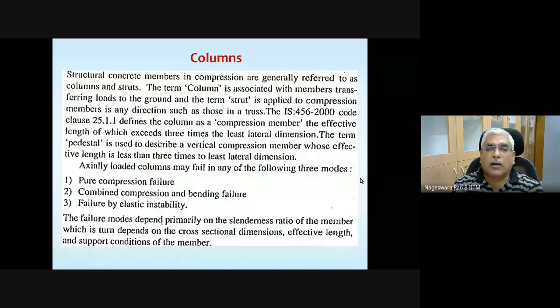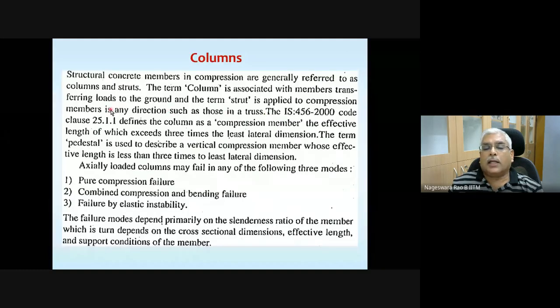Structural concrete members in compression are generally referred to as columns and struts. The term column is associated with members transferring loads to the ground, and the term strut is applied to compression members in any direction, such as those in trusses.